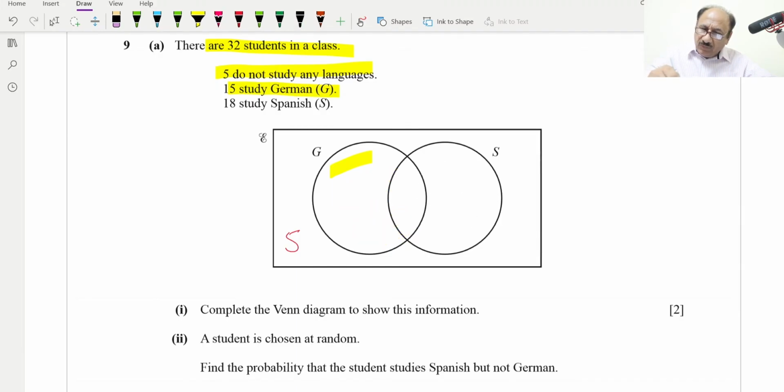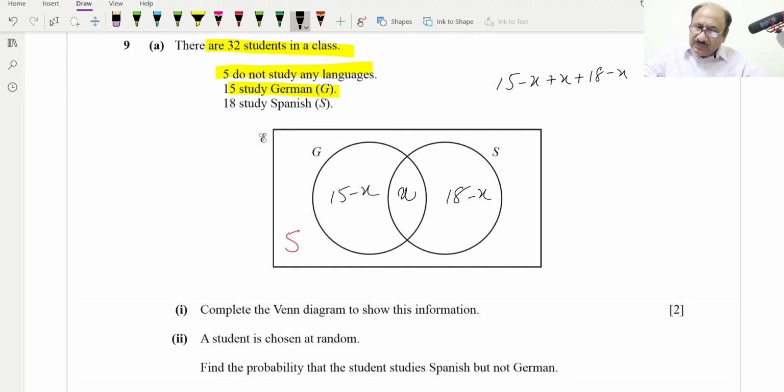So we'll have to find this, which will be x, and this can be 15 minus x, and this will be 18 minus x. 32 is the total, so we can add them all: 15 minus x plus 18 minus x plus 5 is equal to 32.